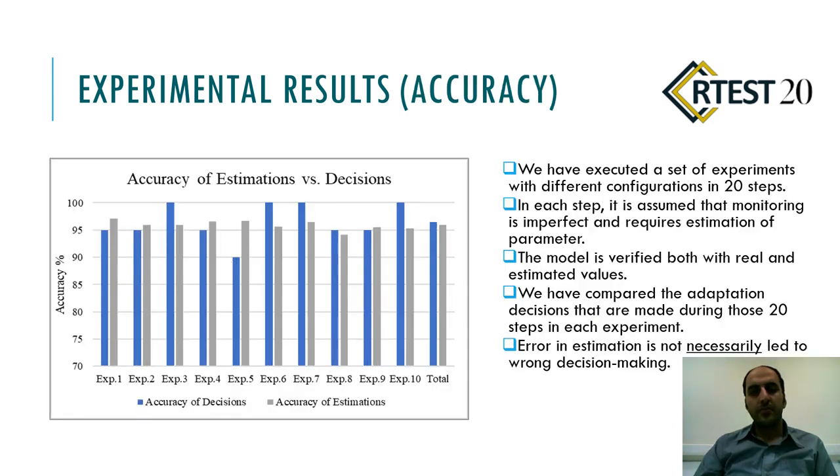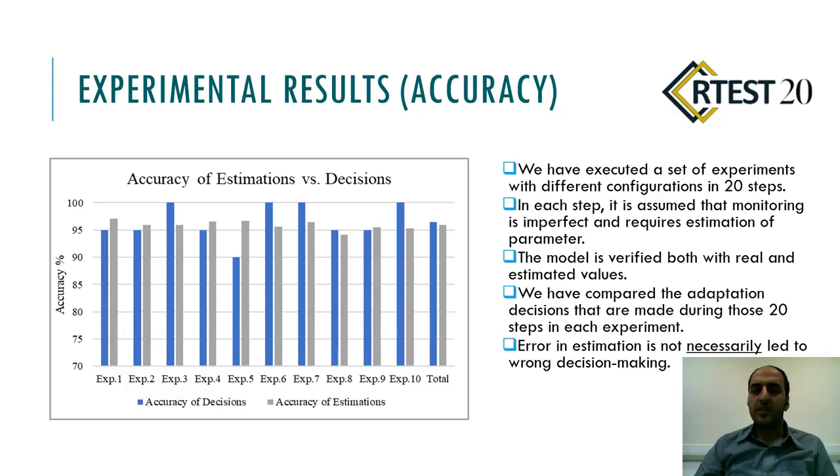In the third experiment on the imperfect monitoring scenario, we have investigated the effect of estimation error on decision-making error. Surprisingly, we can see that the error in estimation does not necessarily lead to wrong decision-making.